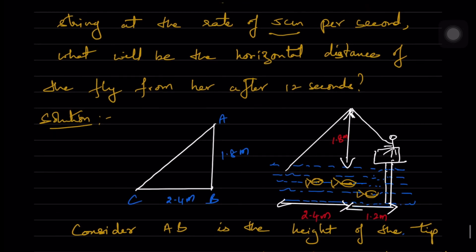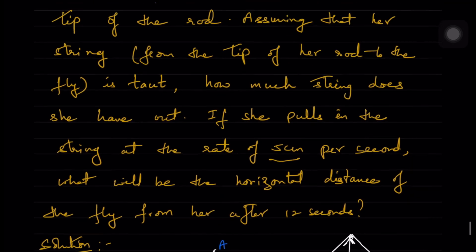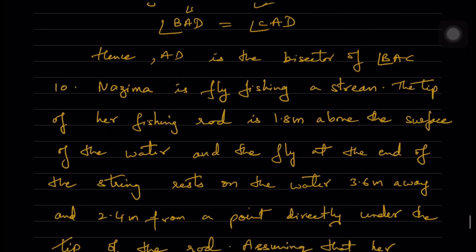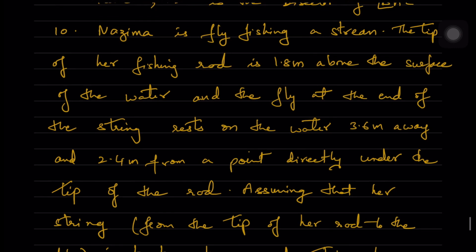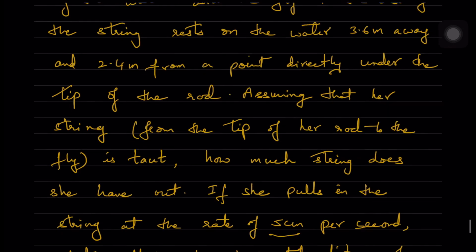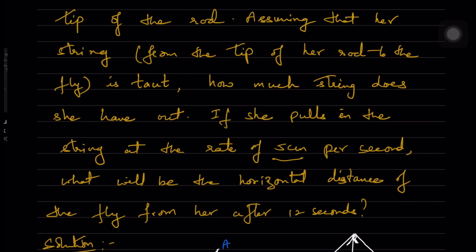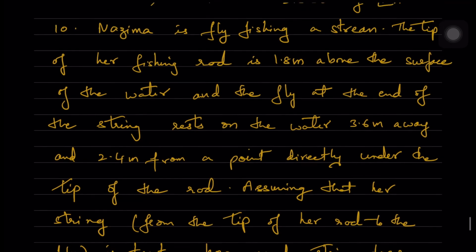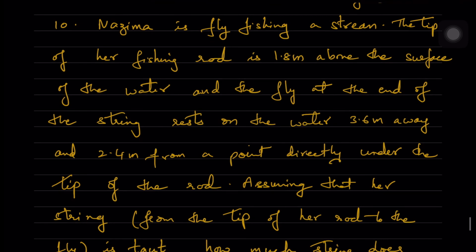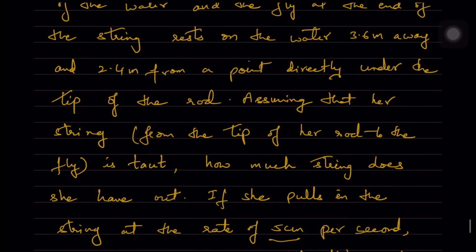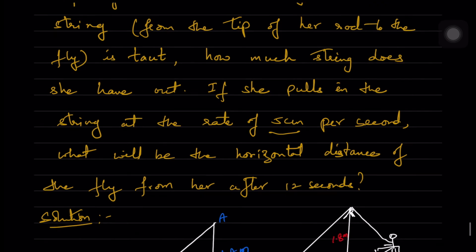So now you can see that Nazima is sitting over here and she is fly fishing a stream. The tip of the fishing rod is 1.8 meters above the surface of the water and the fly at the end of the string rests on the water 3.6 meters away and 2.4 meters from a point directly under the tip of the rod.